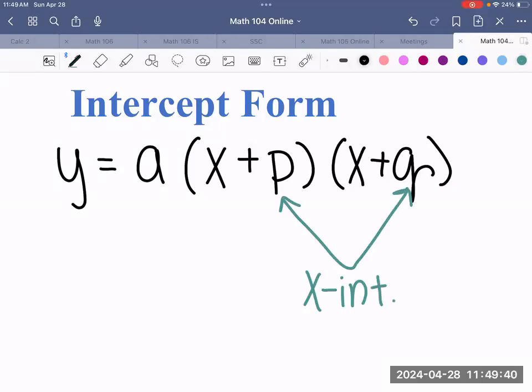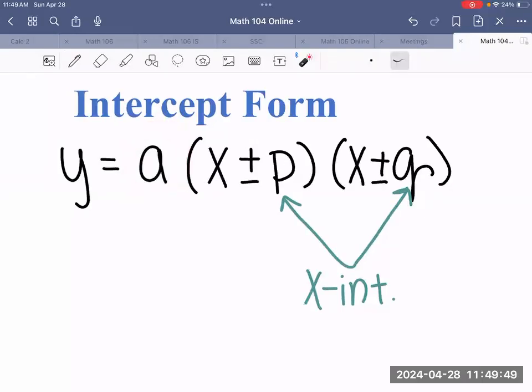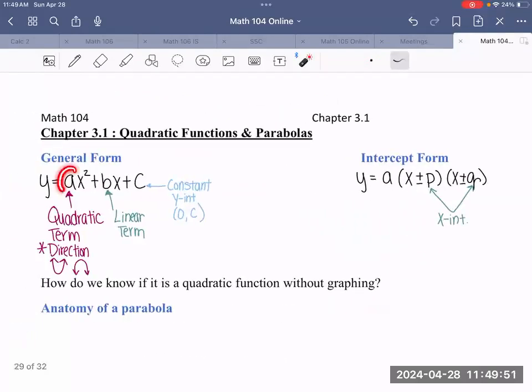And these can be either positive or negative. It doesn't quite matter. We're just going to be plugging them in and evaluating. And this a is actually the same exact a found in your general form right here. Those are equivalent. These are the exact same values.